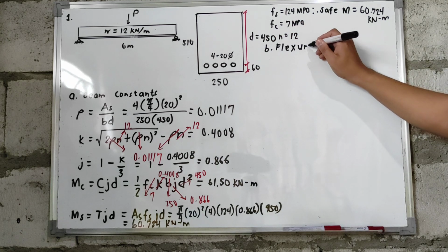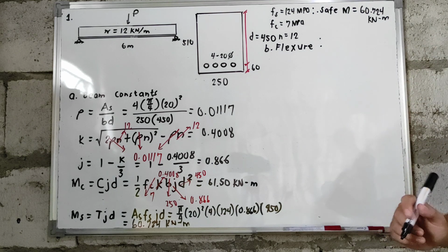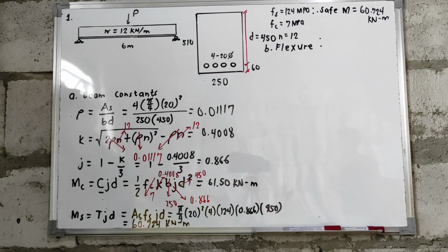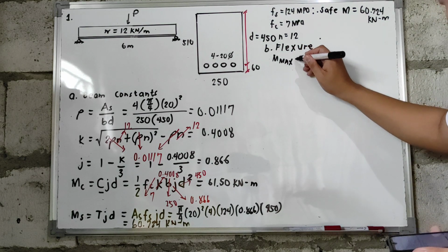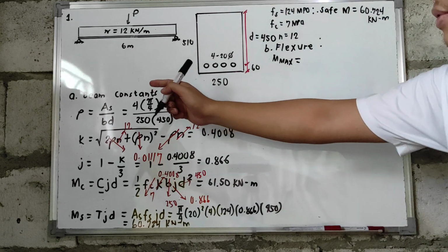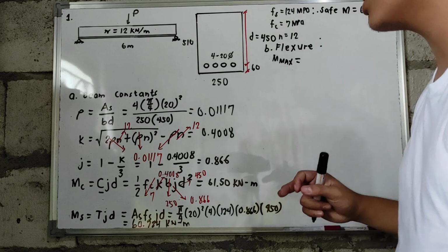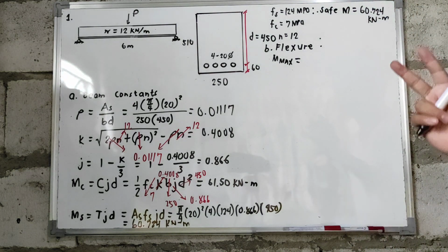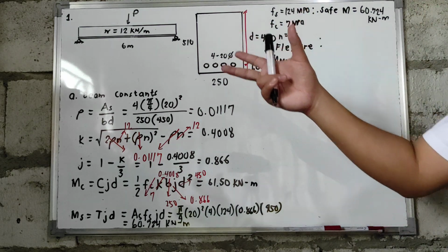So dealing with flexure, kino-consider lang naman natin dito is yung moment natin. So for this, since meron kunin natin yung maximum moment, since we have a uniformly distributed at saka concentrated load acting at midspan, so by formula, we can solve for the value of your P.